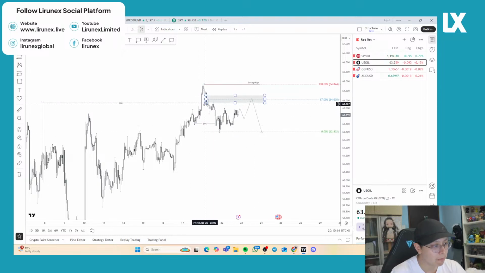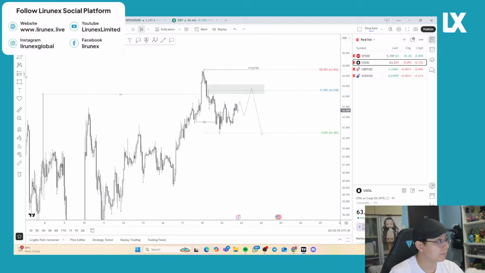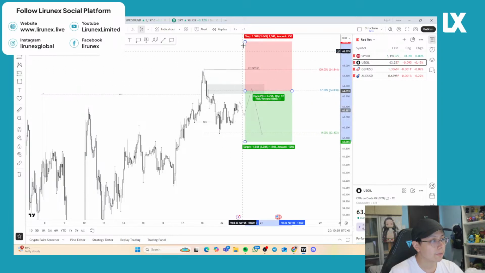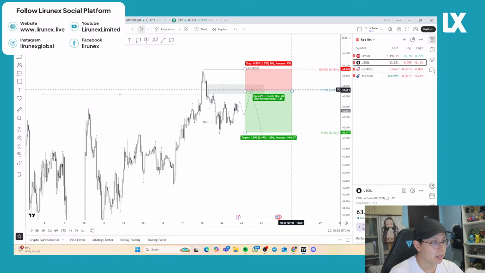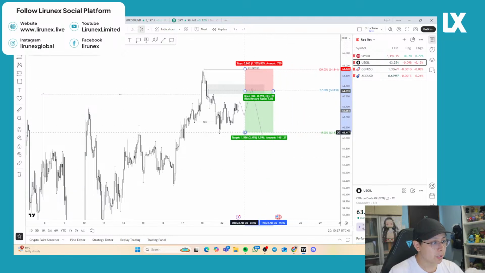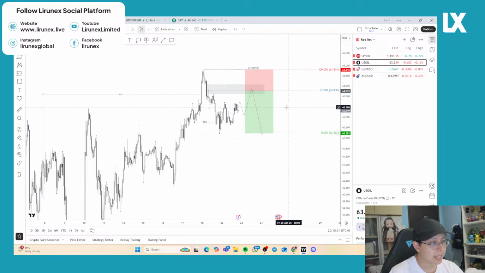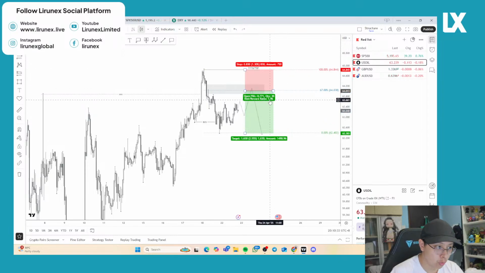Fair value gap is there. As it's pulling back, we'll look into the 67 as our entry, and then our stop loss will be at the top, and then I'll take profit to 0. So this one here, depending on how specific you are in setting it, the average risk to reward is about 1:2, proportion wise.